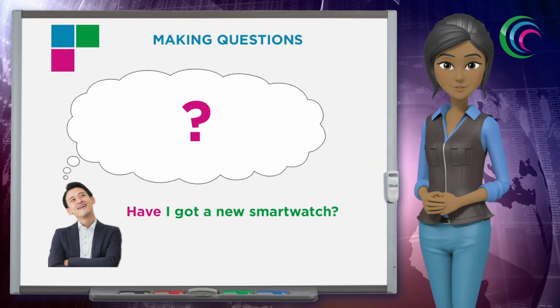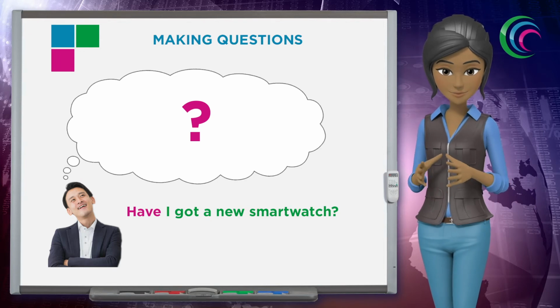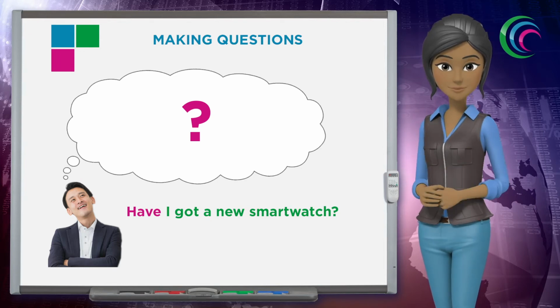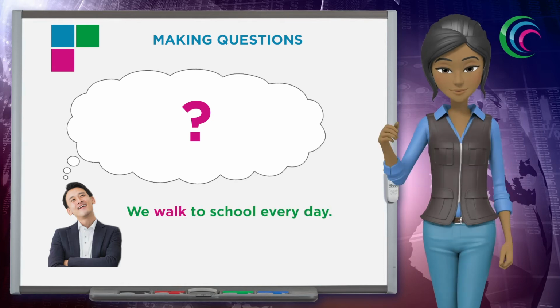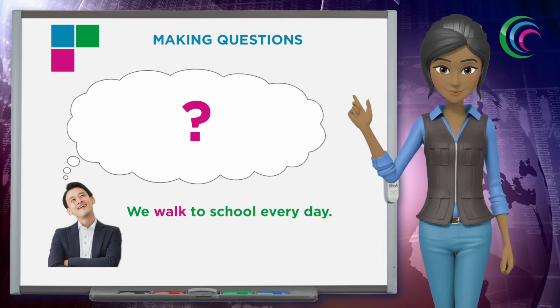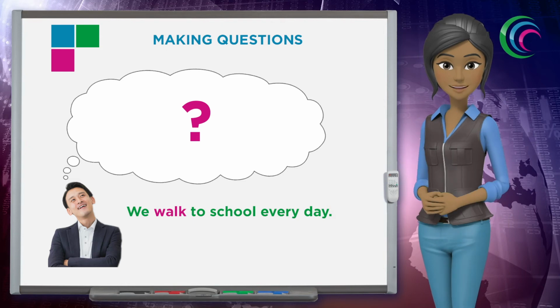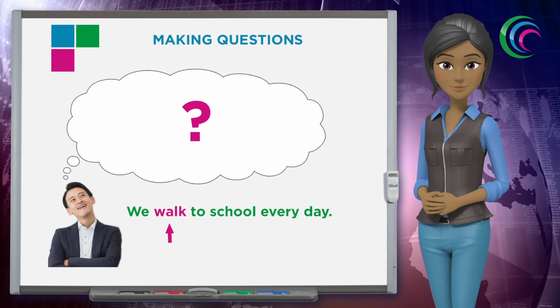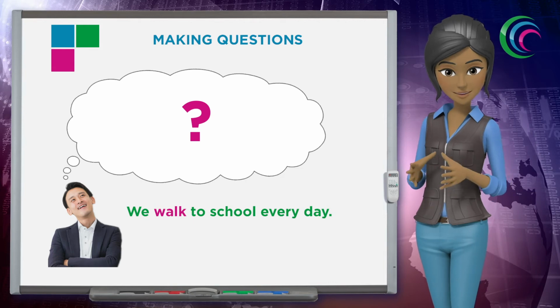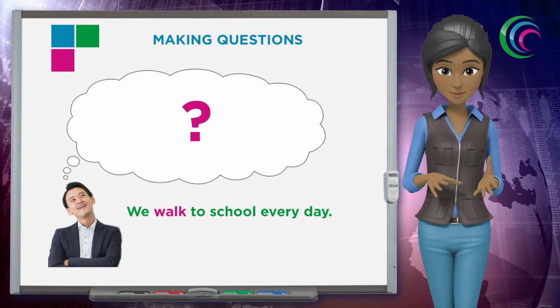Now let's have a look at other sentences with single verbs in them. We walk to school every day. In this sentence, there is just one verb, walk. In order to make a correct question in English, we need to add an auxiliary.